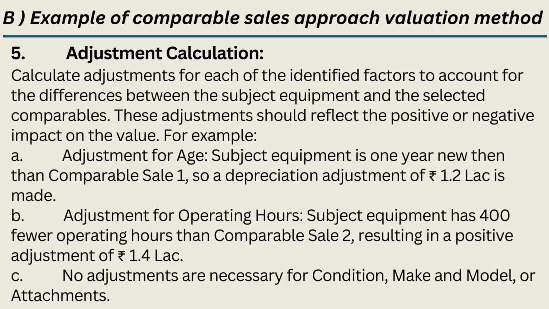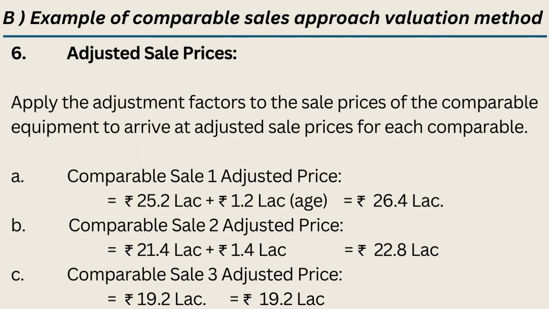B. Adjustment for operating hours, subject equipment has 400 fewer operating hours than comparable sale 2, resulting in a positive adjustment of 1.4 Indian rupees lakh. C. No adjustments are necessary for condition, make and model, or attachments. 6. Adjusted sale prices.